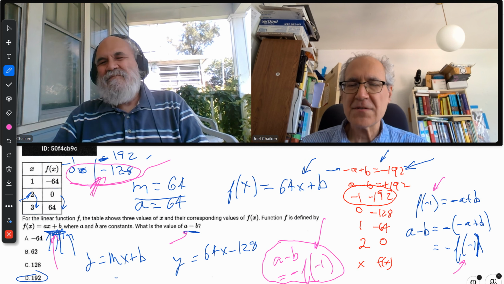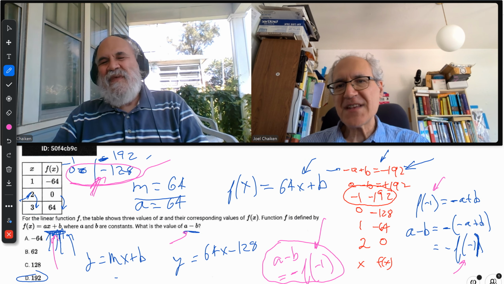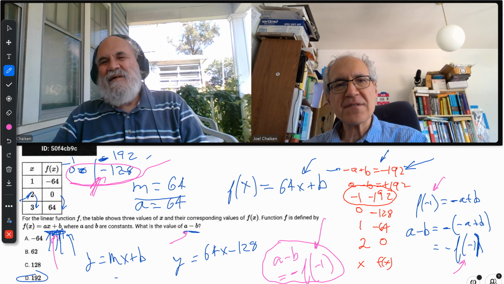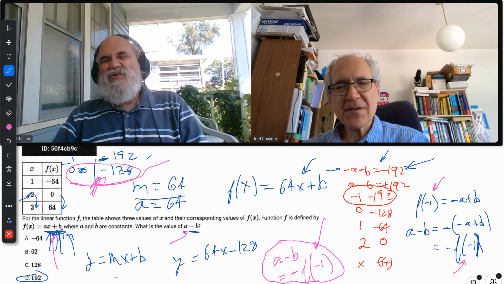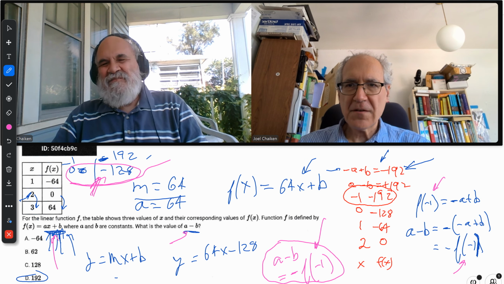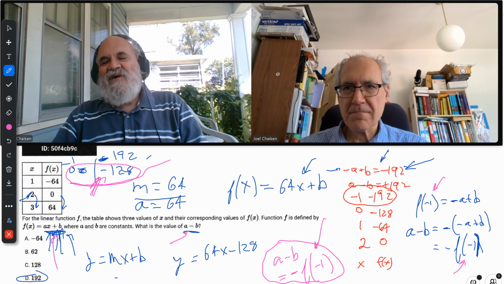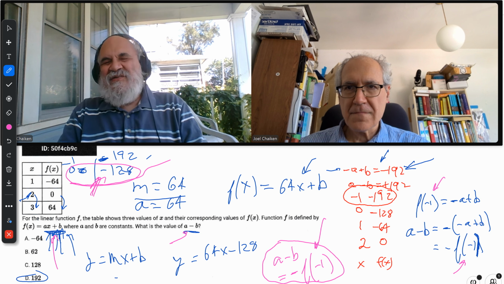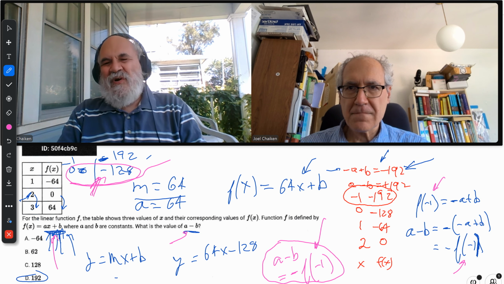Wait, you said 2 things. What were the 2 things? You said they were combined. One thing is tabular forms of functions, and the other is functions in slope-intercept form. Right.